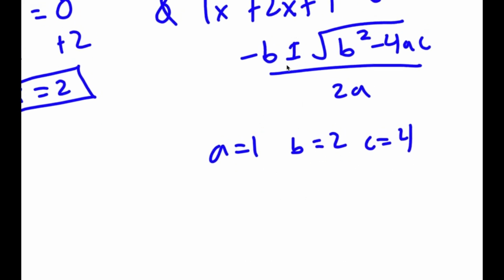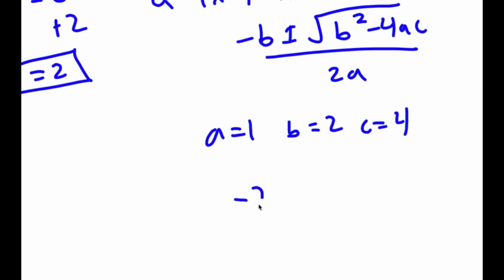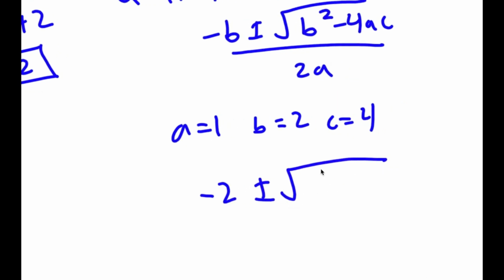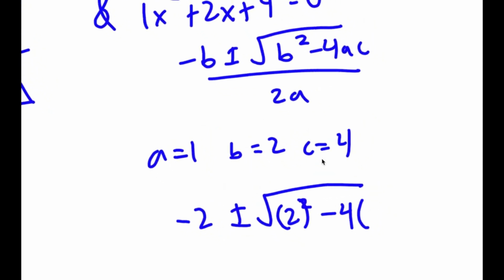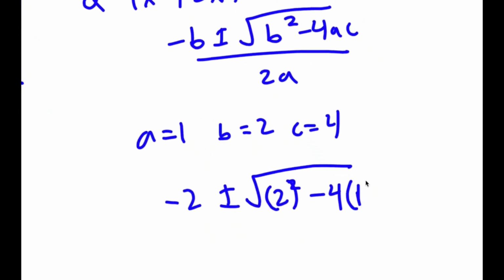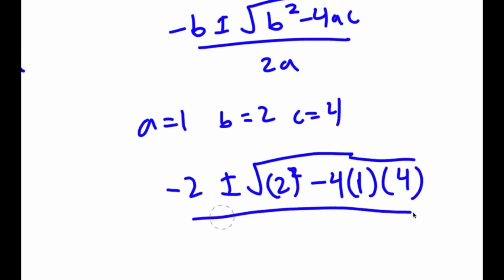So now if I plug this into the quadratic formula, I get negative 2 plus or minus the square root of b squared, which is 2 squared, minus 4 times a, which is 1, times c, which is 4. And I am dividing this by 2 times a, which is 2 times 1.